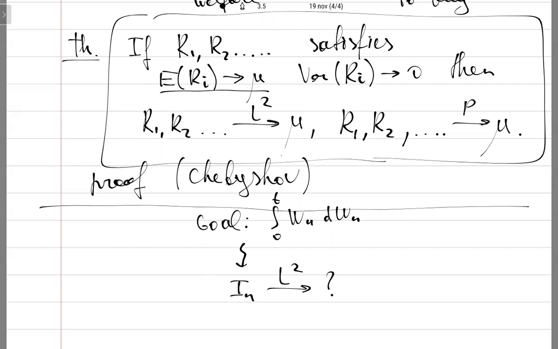So basically we need to calculate only one limit in L2. But it's a little bit hard limit. It's not so easy. So I would like to calculate something simpler first and then go back to I_N.